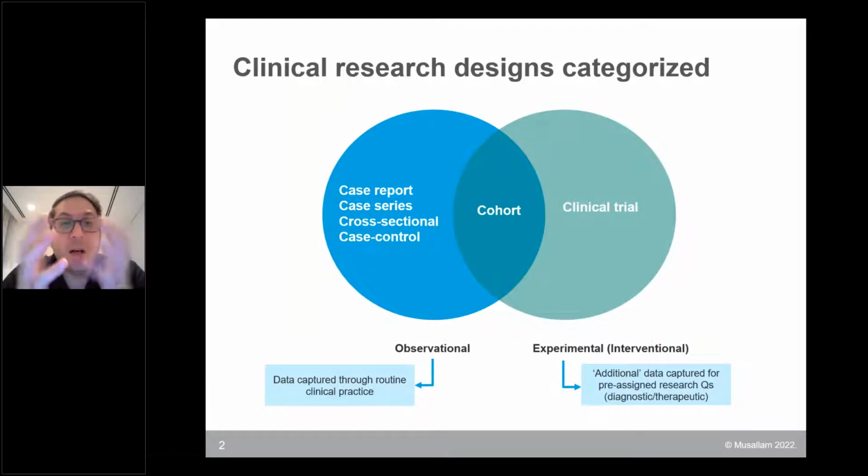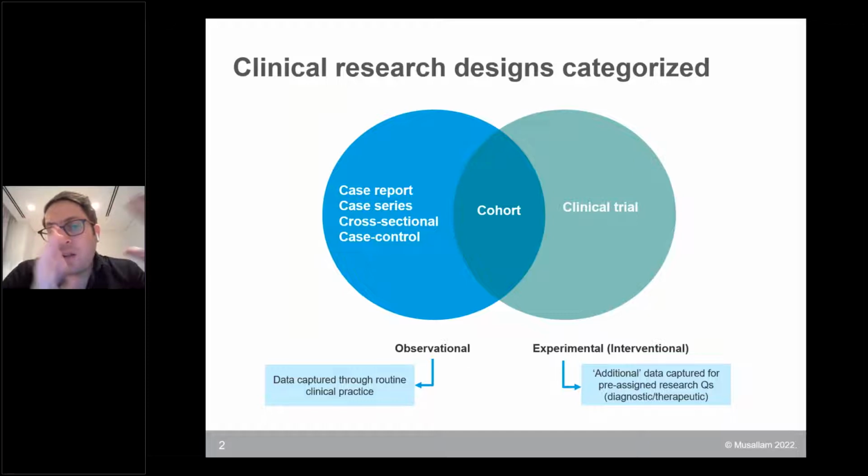That in design is still an observational study, but when you come to regulatory approvals or consenting, you might still think of those interventional aspects of the study in terms of safety and ethics and compliance with GCP regulations.